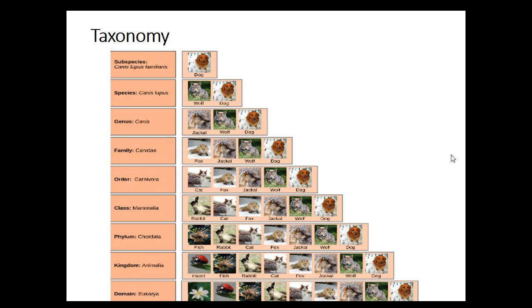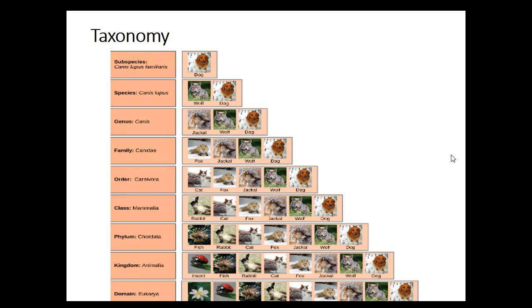Then within this canine family, there's a genus Canis, which includes jackals, wolves, dogs, but there's other genera like the foxes, another different genus within that family. And then within that genus, there's several species that all have Canis as the first word in the species name.